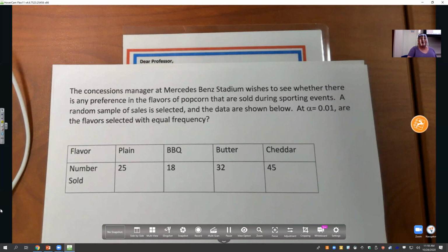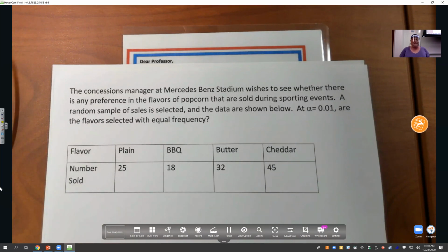A random sample of sales is selected, and the data are shown below. At alpha equals 0.01, are the flavors selected with equal frequency?